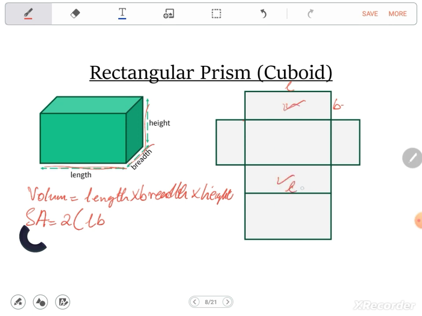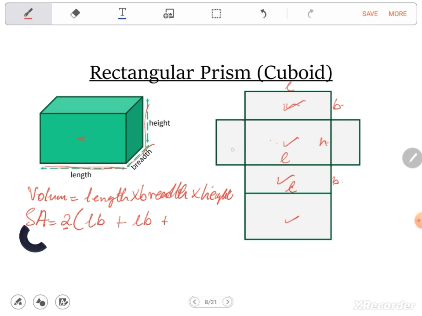So it will be length times breadth as well, all right? Plus, then the front, this one here is the front, it will have the length and the height. But because this one is equals to this one, we have the length and the height, and there's the 2 there that multiplies them, all right? And then we have what?